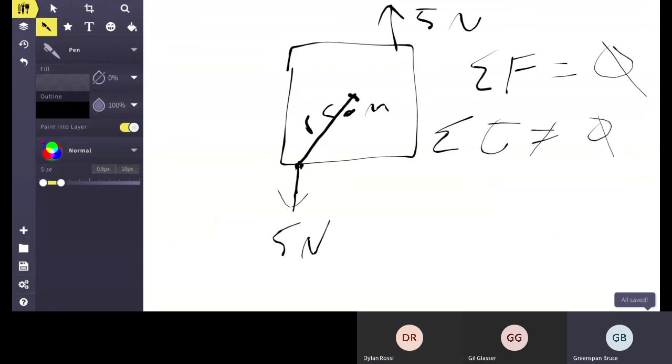Let's say it's pinned to the ground or something. What would this force do? Would this force turn it at all? No, exactly.